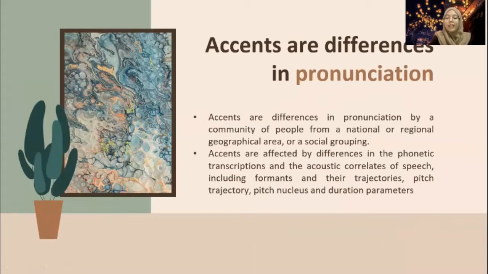Accents are differences in pronunciation by a community of people from a national or regional geographical area or social grouping. Accents are affected by differences in the phonetic transcription and acoustic correlates of speech, including formants and their trajectories, pitch trajectories, pitch nucleus, and duration parameters.